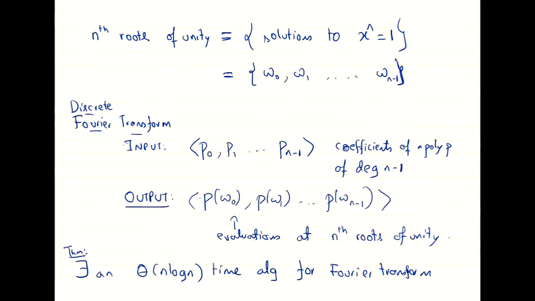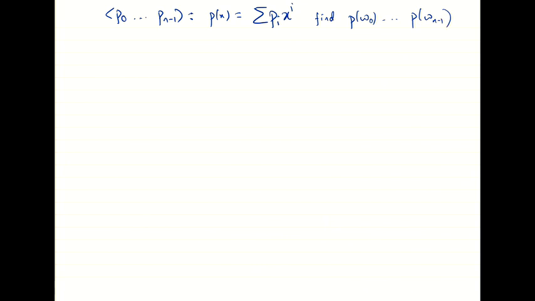You're given this set of numbers p0 to pn minus 1, which is this polynomial, which corresponds to the polynomial p of x is summation pi x to the i. Okay? And you want to compute p of omega 0, up to p of omega n minus 1. Right?